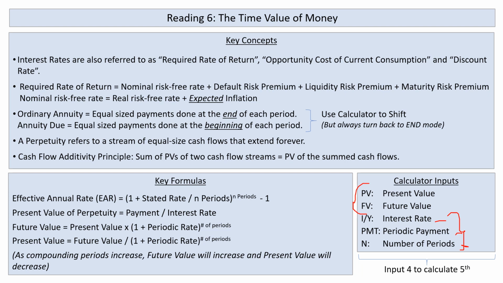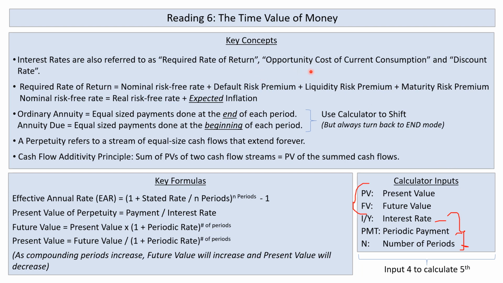Opportunity cost of what? Of current consumption. It's not expected consumption, it's not past consumption, it's the opportunity cost of current consumption. Now you have to know why. Simply because if you have $100 today, you have a choice of either spending it or investing it.